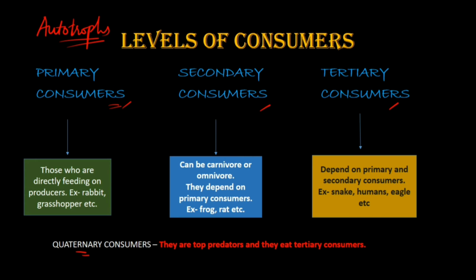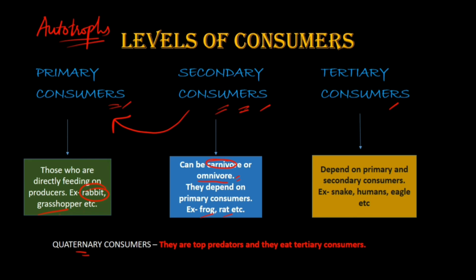For example, rabbit, grasshopper, right? They directly consume the plants. Then the secondary consumers are either they are carnivores or they are omnivores who totally depend on primary consumers, right? For example, the frog, rat, etc.